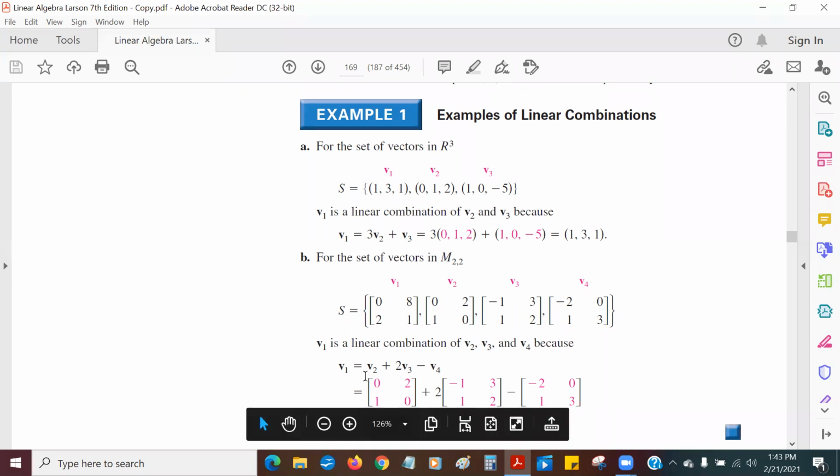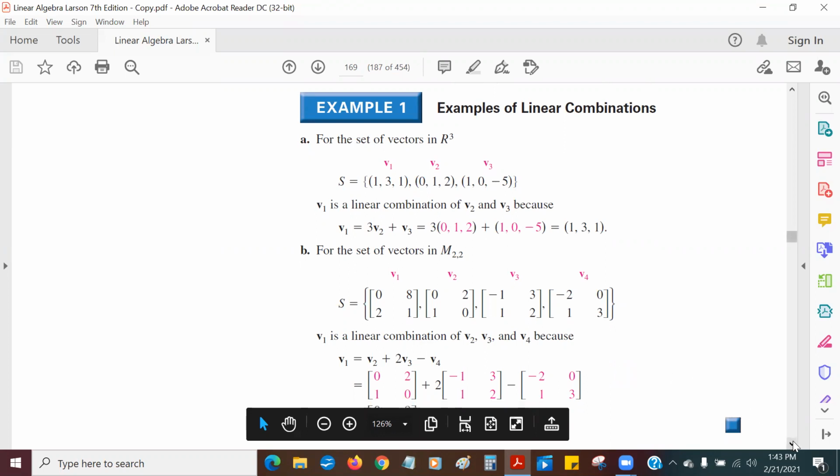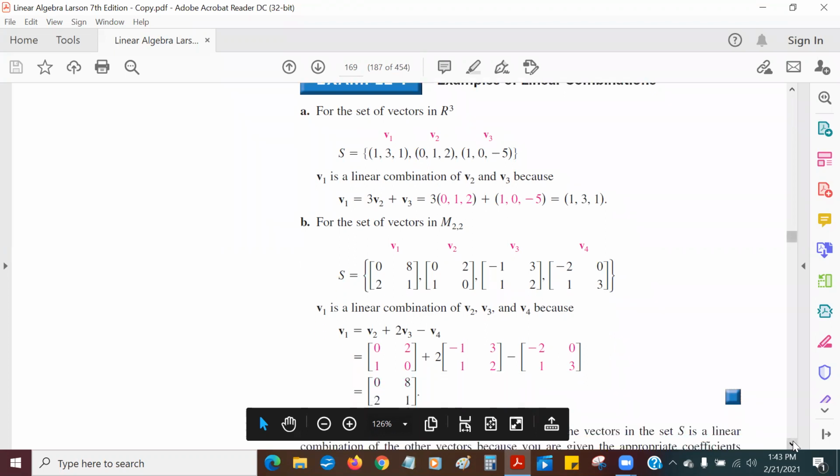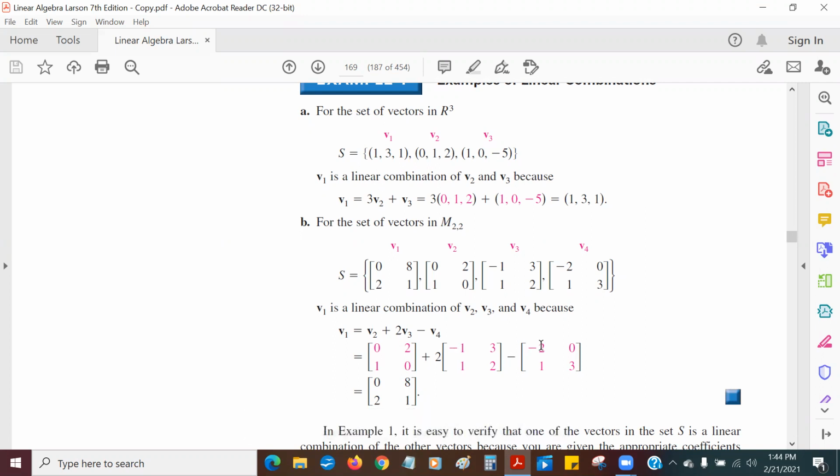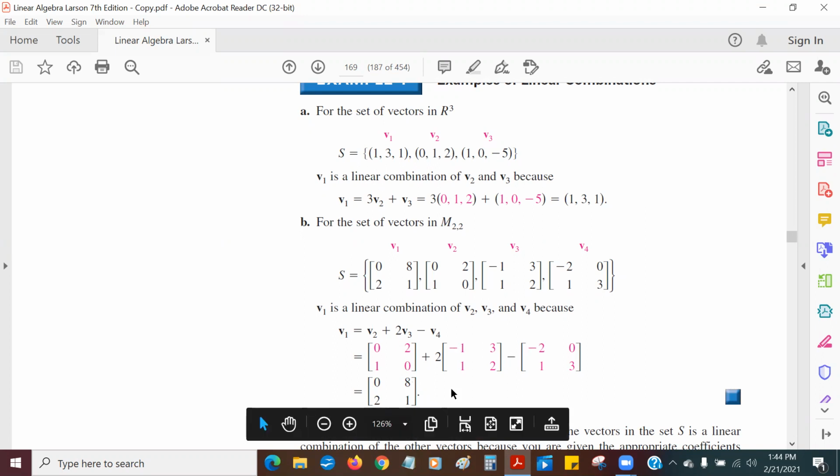V1 is equal to V2 plus 2 times V3 minus V4, and that's how it works out. Let's just look at the upper right: negative 2, positive 2 gives me 0. Here you have 2 plus 6, because 2 times 3 minus 0 gives me the 8. 2 plus 6 is 8, and so on and so forth.